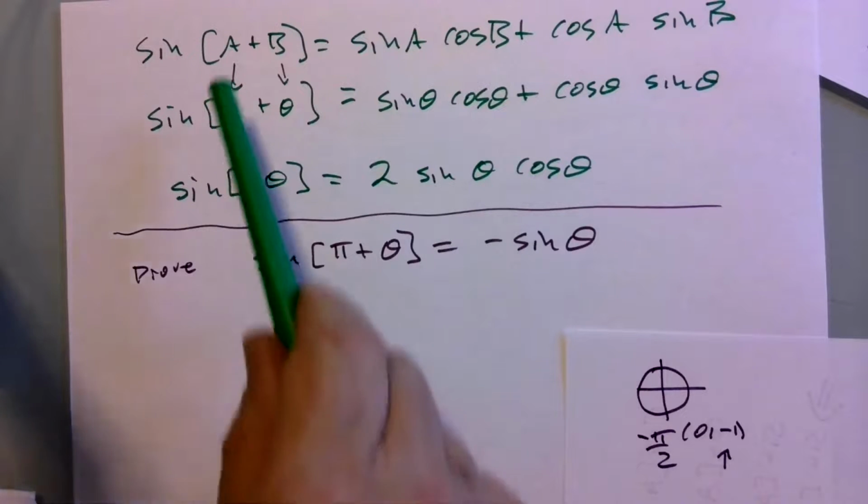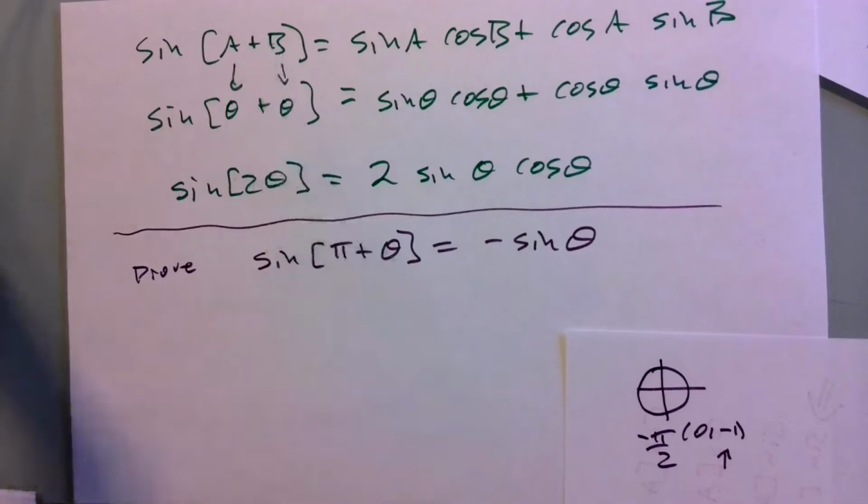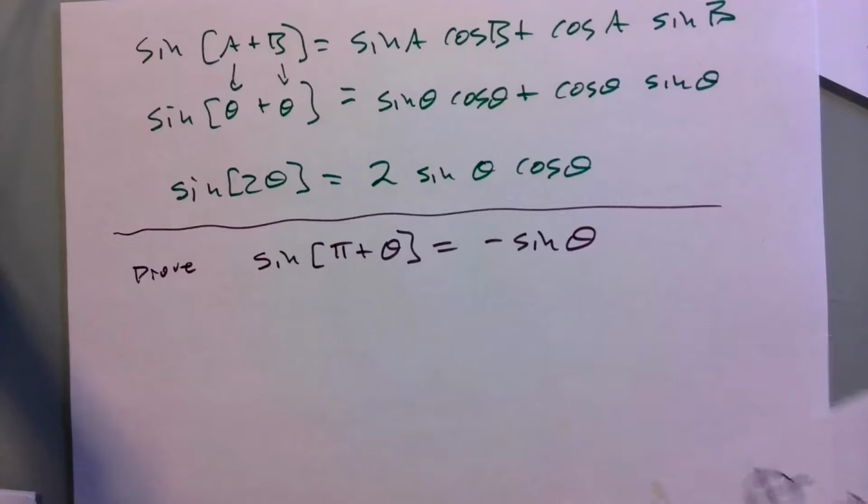So you're going to want pi to stand in for A. You're going to want theta to stand in for B. Hopefully you're making some progress.